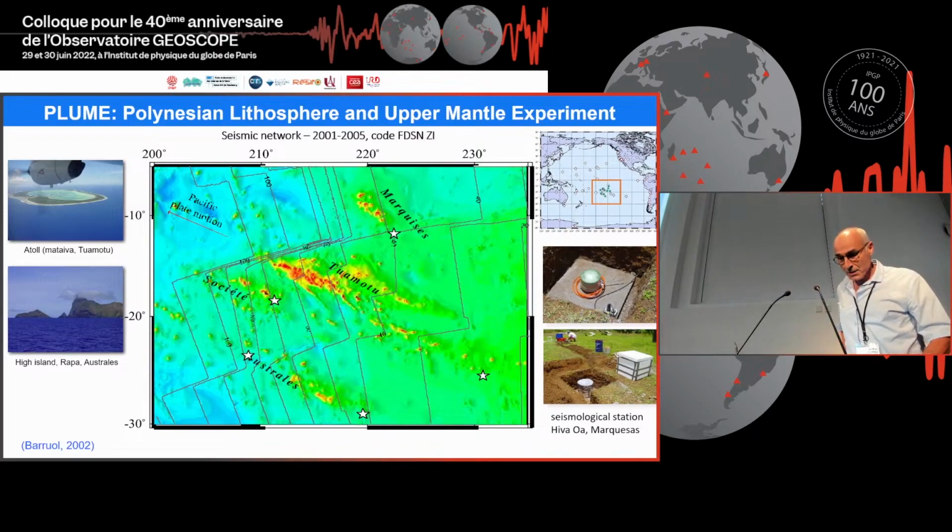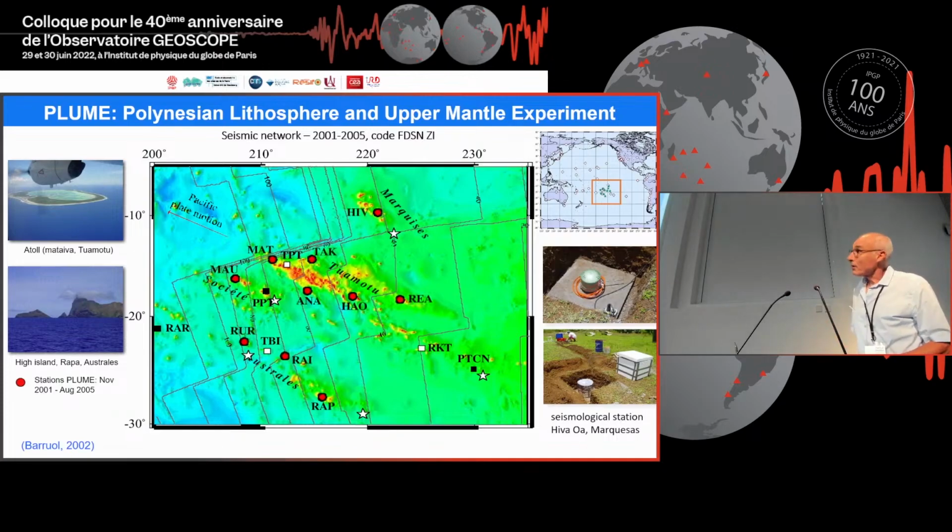Obviously we used the permanent stations, the IRIS stations, the CEA stations deployed in the archipelagos, and the PPT Geoscope station here. We also deployed 10 broadband stations in various atolls and islands from French Polynesia, with the example of the Marquesas station being deployed by Eric Debay.